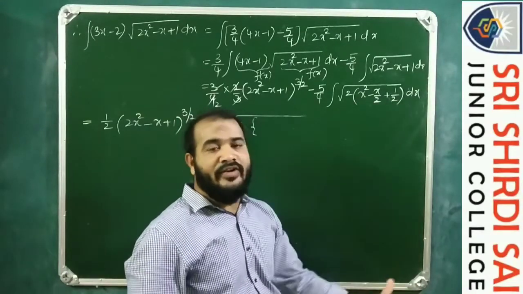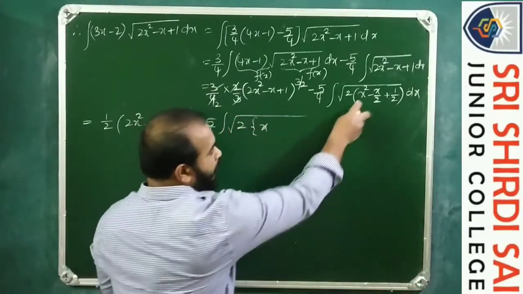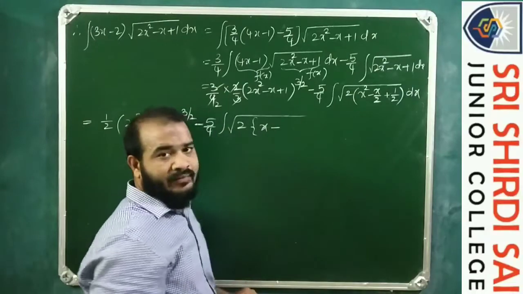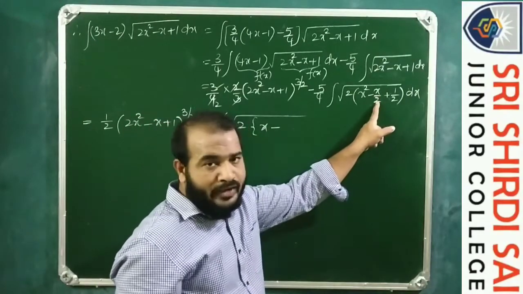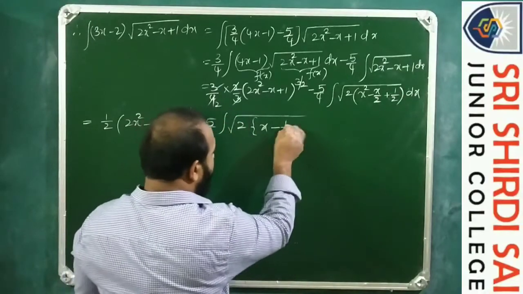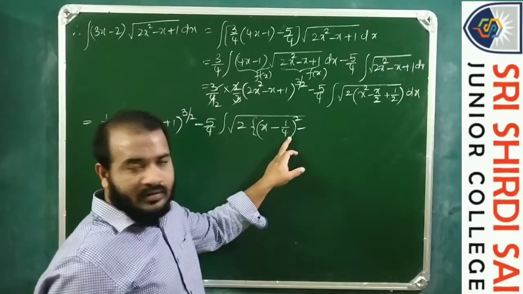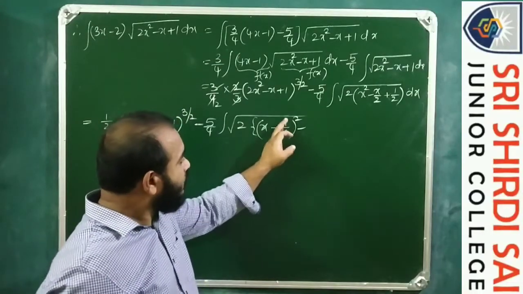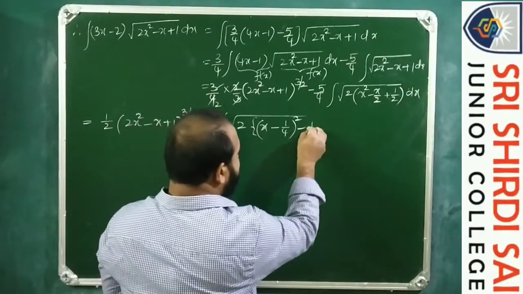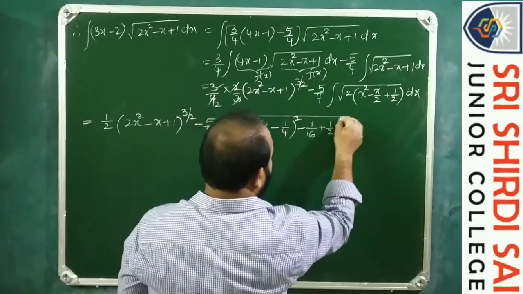What trick have we discussed before? x² is there, write x. Minus is there, write minus. So x coefficient is 1/2, so half of it into 1/2, so 1/4. Now complete the square. Minus outside we have to write minus only. So 1/4 whole square is 1/16 plus 1/2 is as usual dx.